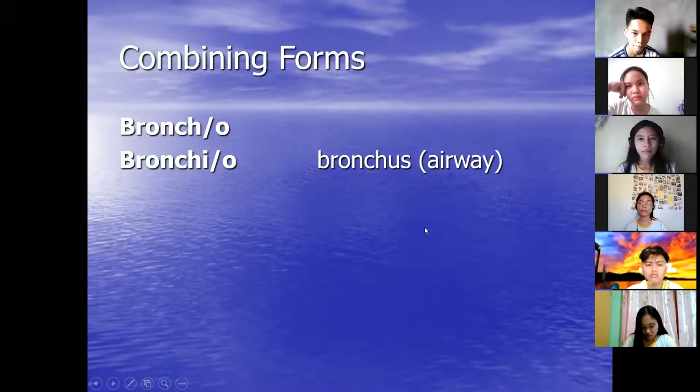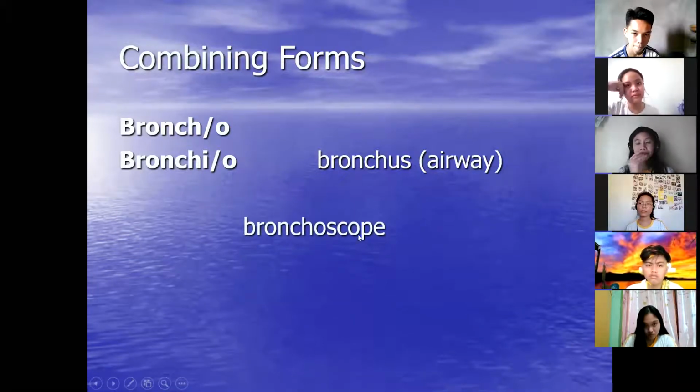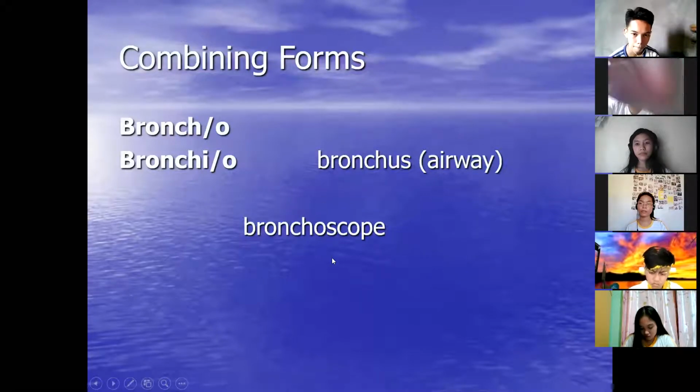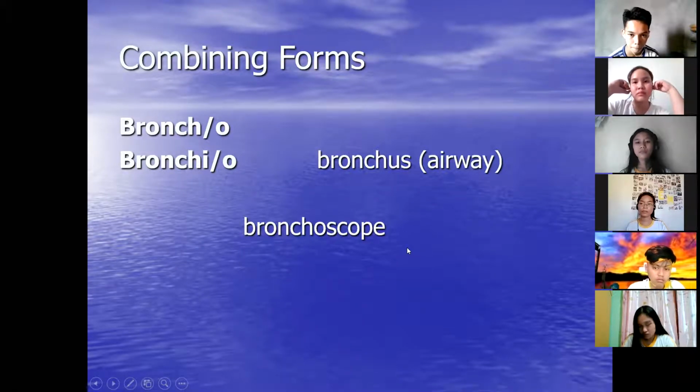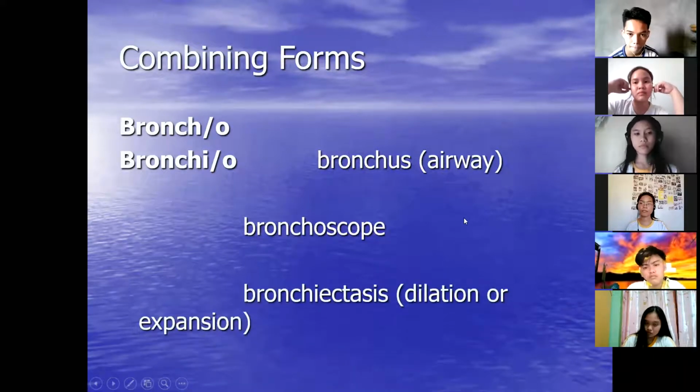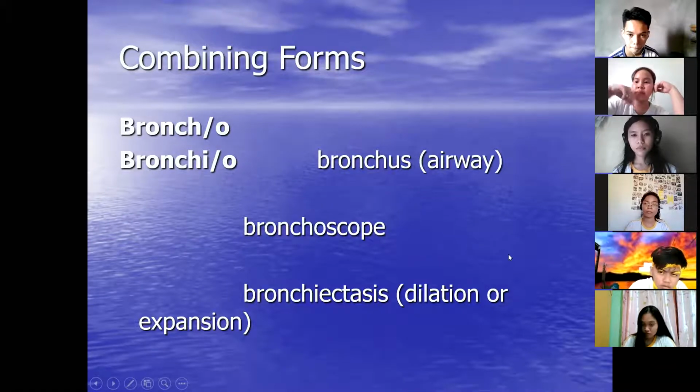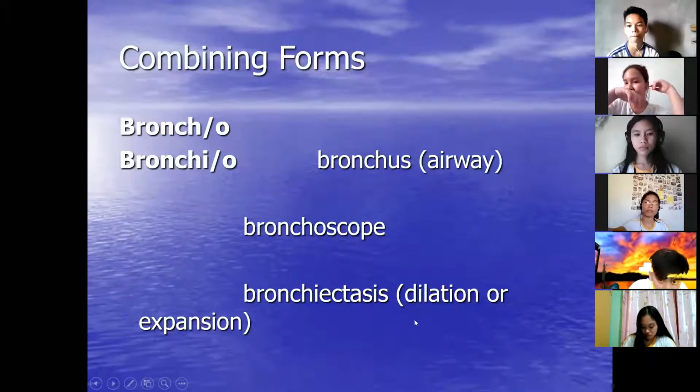Okay, when they mention broncho or bronchio, that means your airways. In other words, a bronchoscope is a telescope for the bronchus. It's a telescope directed to your bronchus or to your bronchi. Okay? That's a bronchoscope. Bronchiectasis is the dilation and the expansion of your bronchi.